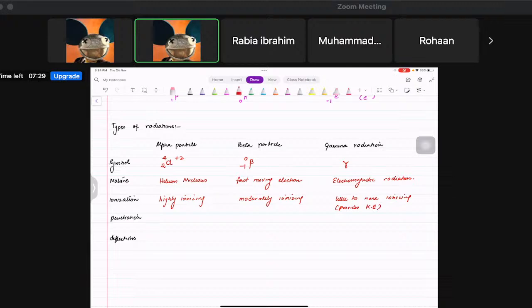Penetration: alpha is very heavy, so it has very little penetration. The most important thing is that it can be stopped by paper. Beta has moderate penetration.